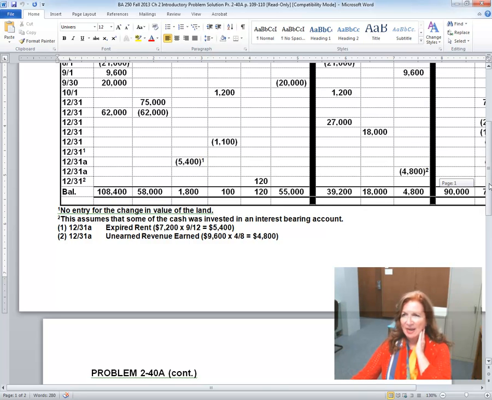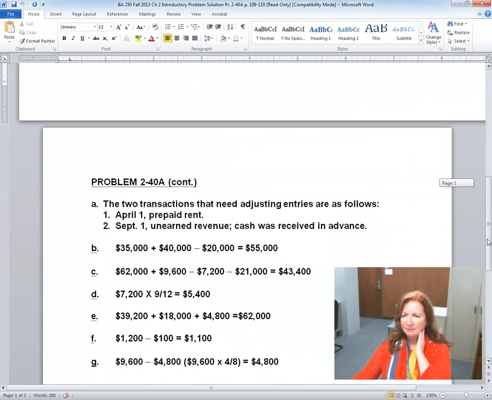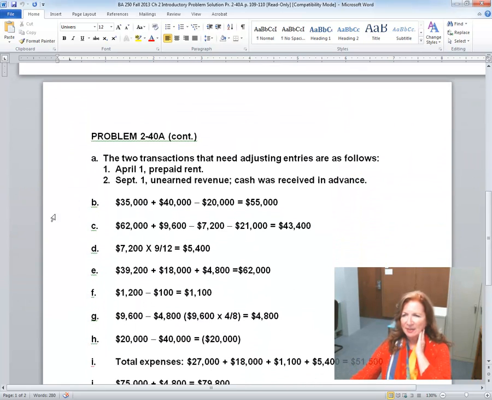And we have the 9,600 that came in, minus the 7,200 in expenses and minus the 21,000 in expenses. So this is the formula for operating cash. So what were the operating activities? 4,340.